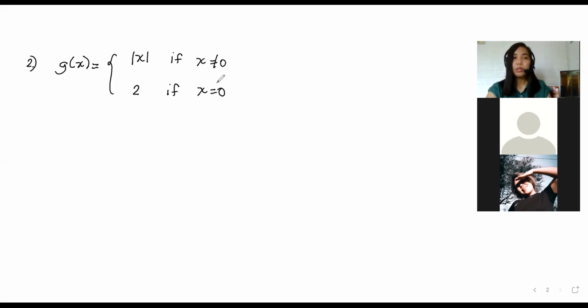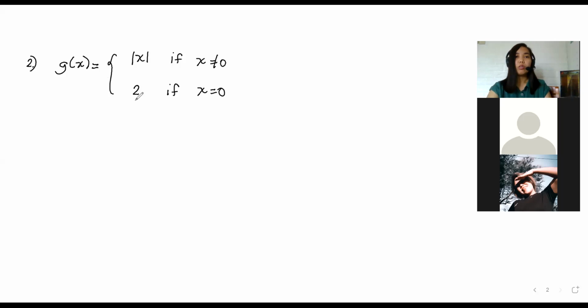All right. So we have g of x equal to the absolute value of x if x is not equal to 0. So whatever the value of x, the domain for this one is all real numbers except 0. It means we open to 0.